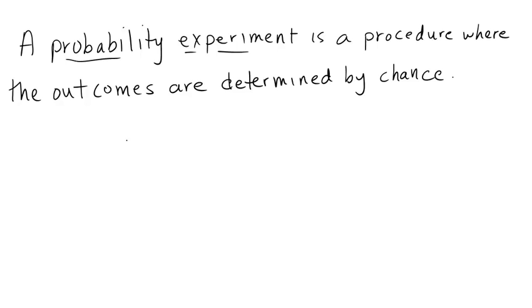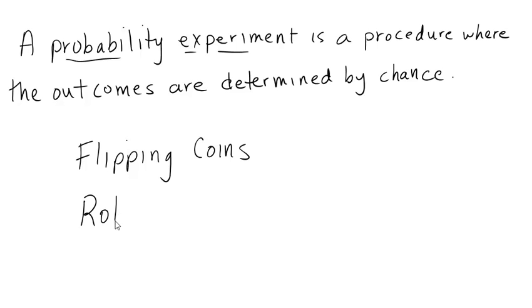The two most basic types of probability experiments are where you're flipping coins, assuming that you're not doing any kind of manipulation to make a particular side come up because you're some kind of magician or cheater, and rolling dice. Again, assuming that you're not in some way manipulating the die to get a particular number or anything like that. These are prime examples of probability experiments, but probability experiments can be much more general than this.